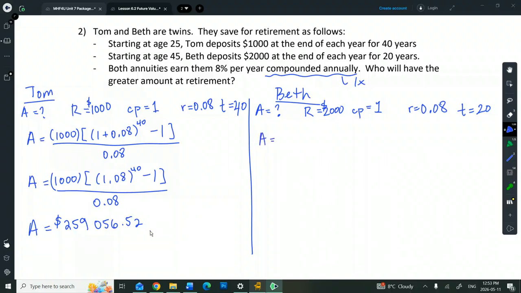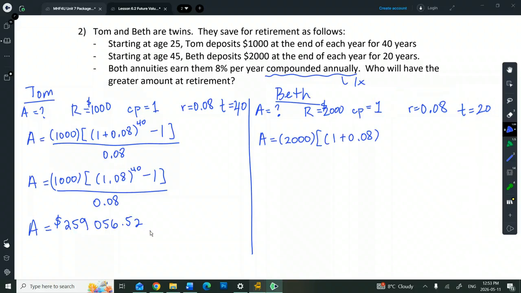So same setup. She's now paying 2,000 per year. Same interest rate, different amount of years. So we have 1 compound per year for 20 years.